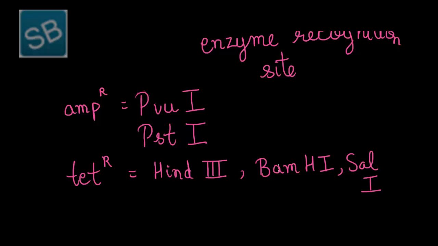Thus, these are all enzyme recognition sites obtained from different strains of bacteria.